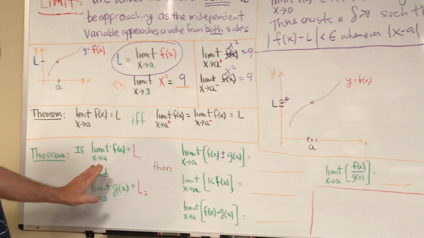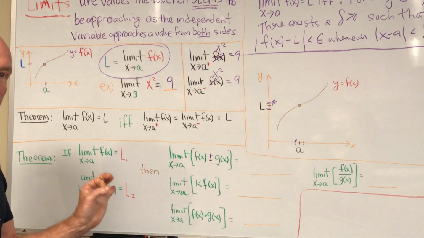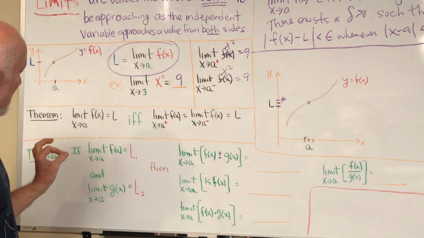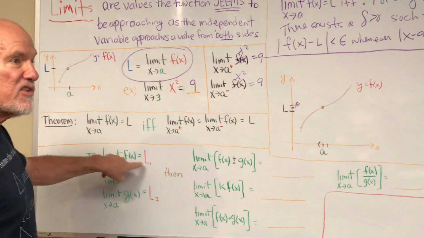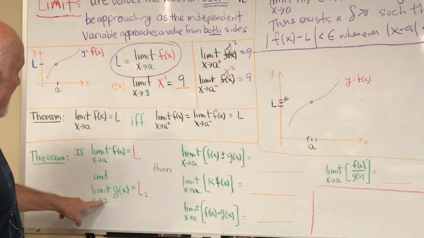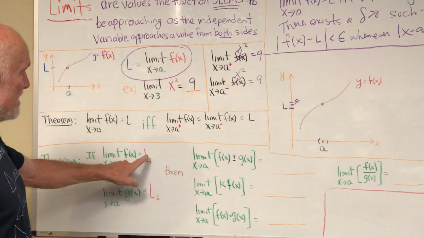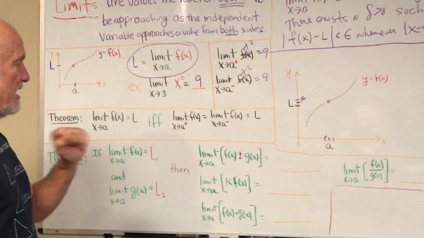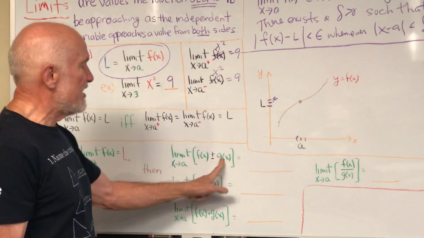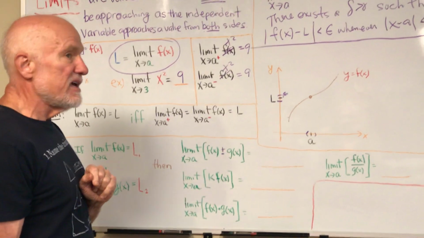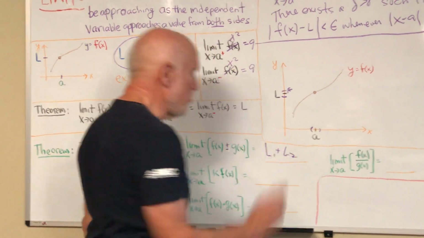Now, the theorem says this: if you have two functions, f of x and g of x, and you're approaching a on both functions, so if the limit as x approaches a of f of x is some limit L1, and the limit as x approaches a of another function g of x is L2, then the limit of f of x plus g of x as x approaches a turns out to be L1 plus L2.